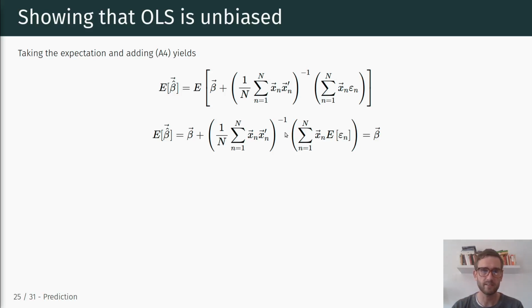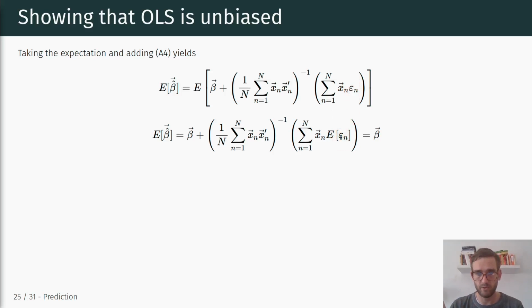Okay, so the x's are fixed, they can be moved outside of the expectation. The beta is the population beta that can be moved outside of the expectation. So the only thing we're left with is the expectation of epsilon_n, right? So this is just moving everything outside of the expectation except for epsilon_n.